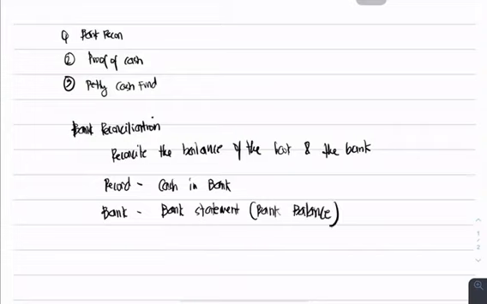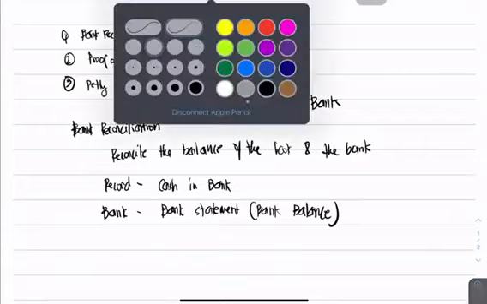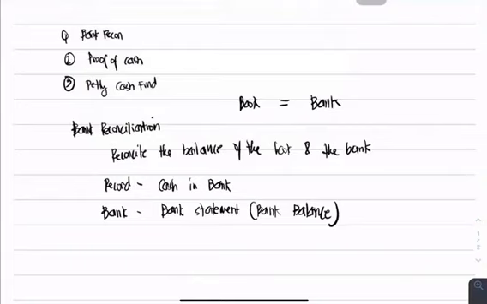Okay. So before we start, remember that in bank reconciliation, the main goal here is the book balance must equal the bank balance. So in bank reconciliation, our main goal is to balance the book and the bank. To balance the book and the bank, certain items must be considered.